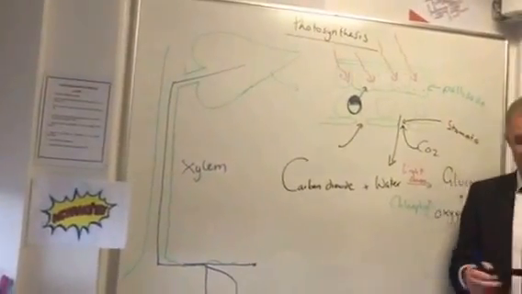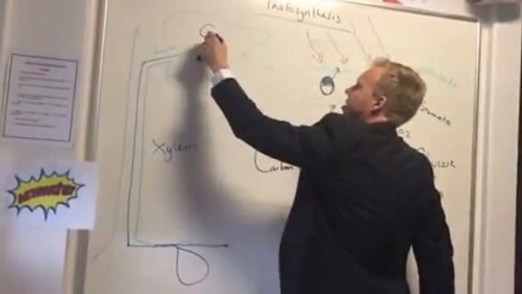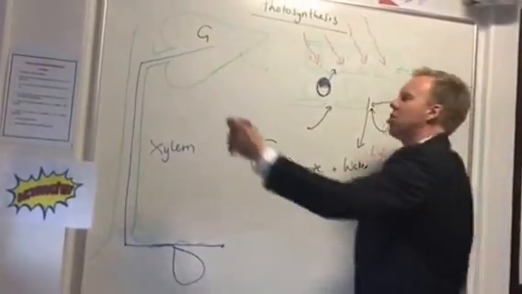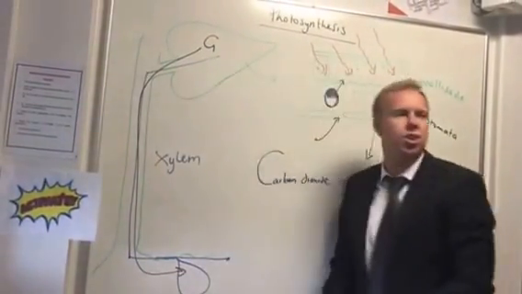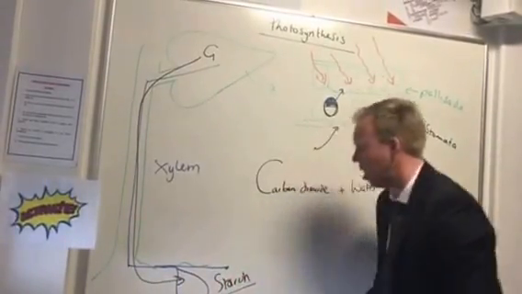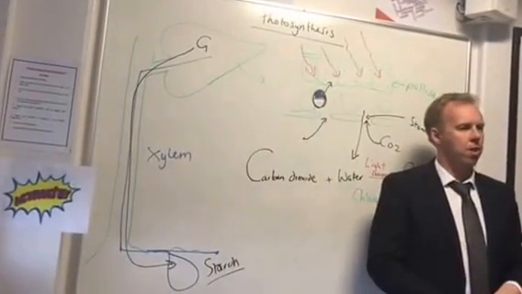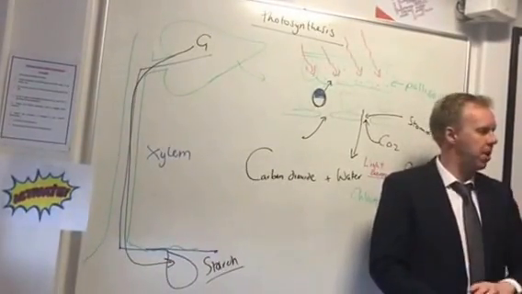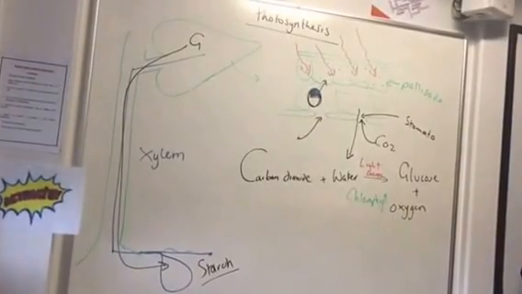That's because the plant takes the glucose it makes and stores it as starch. Now it does a number of other things with the glucose, but I wanted you to just see that there. Okay? Photosynthesis basics.